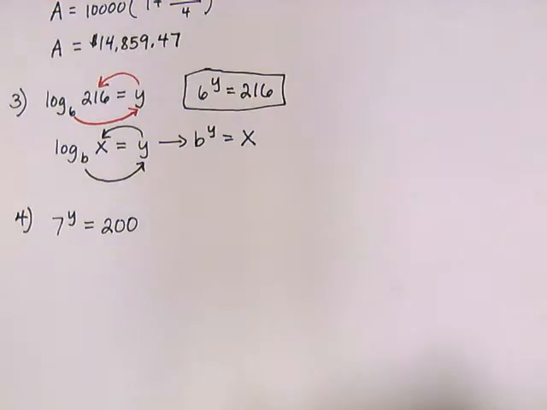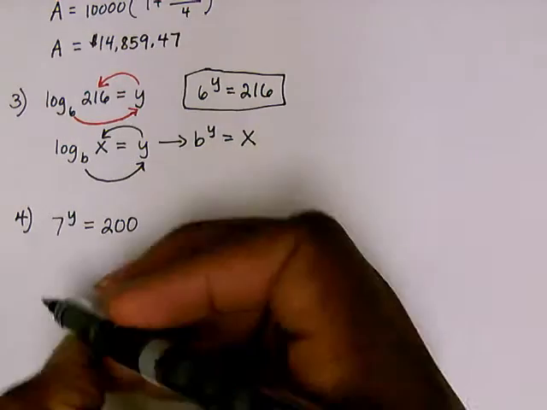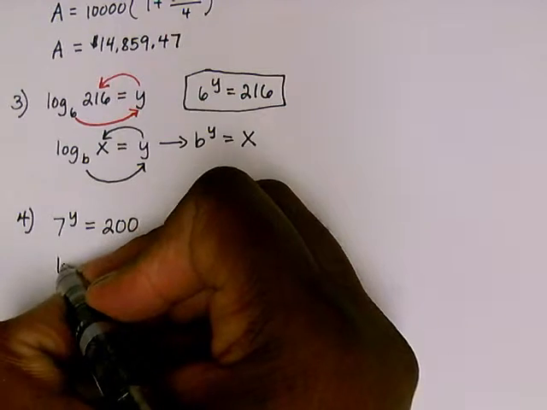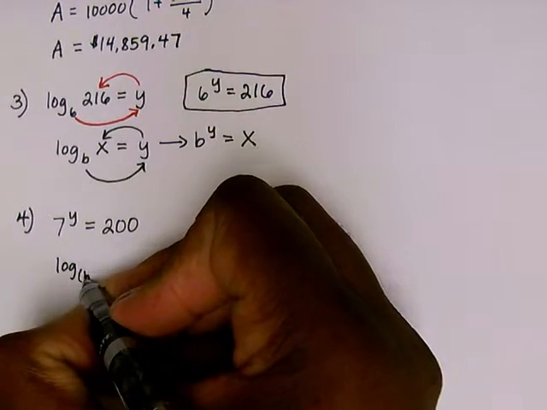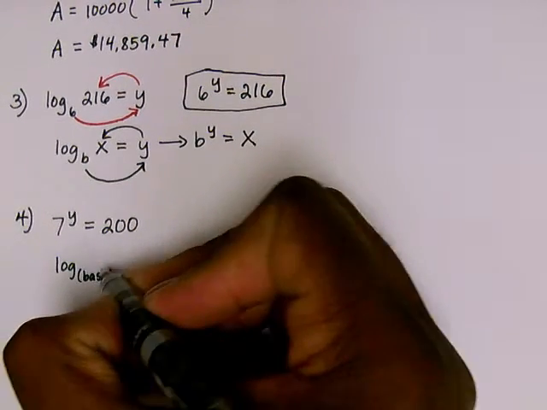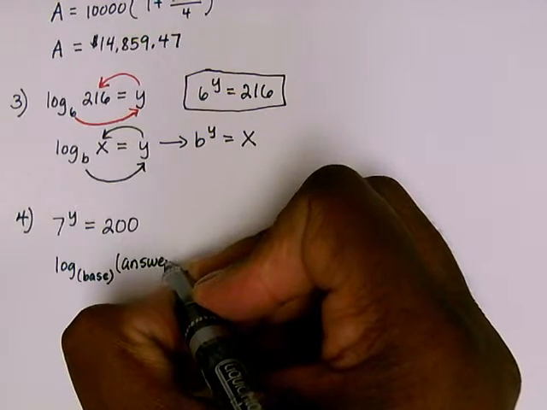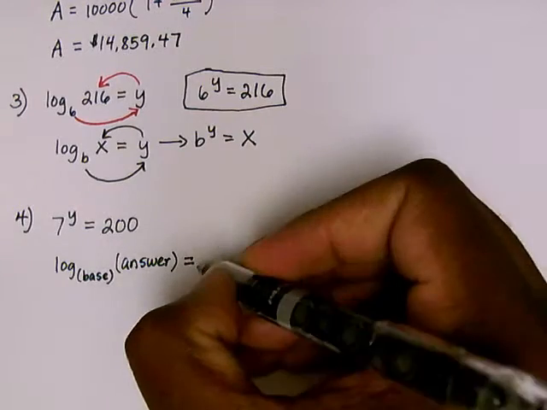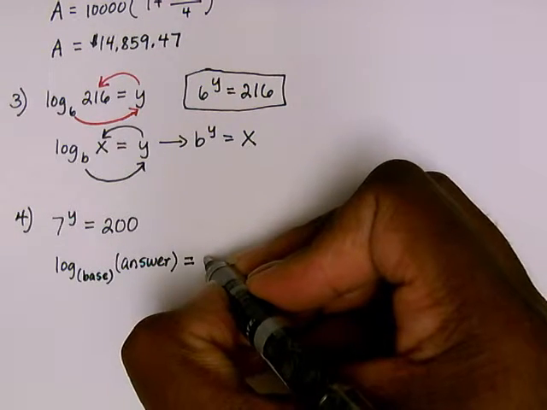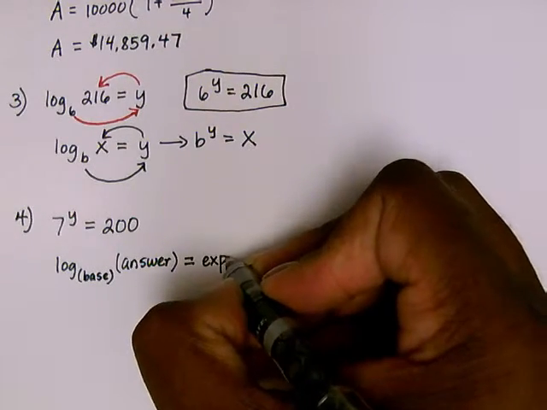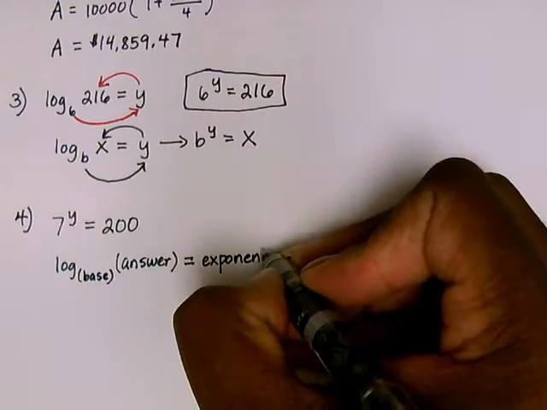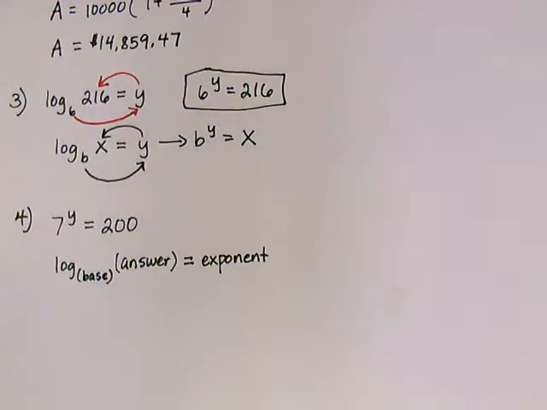And we need to write that in its equivalent logarithmic form. Well, in logarithmic form, you have the log to whatever that base is of, and the answer after the equal sign is always equal to whatever your exponent is from that base in exponential form.